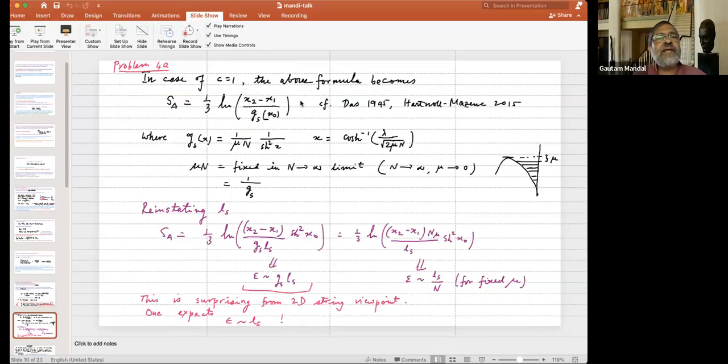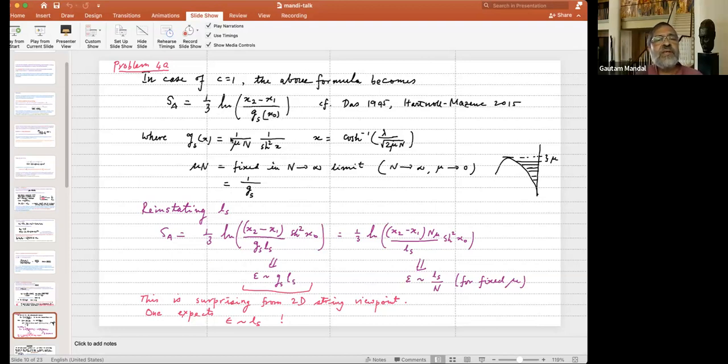What you will find is that the fermionic entanglement entropy formula becomes this: 1/3, again 1/3 log (x2 minus x1) divided by gs of x0, where once again x0 is the midpoint of x2 and x1, and gs of x is this quantity. This is some position dependent coupling constant that appears in the interaction part of the tachyon theory, which I have not discussed with you so far.